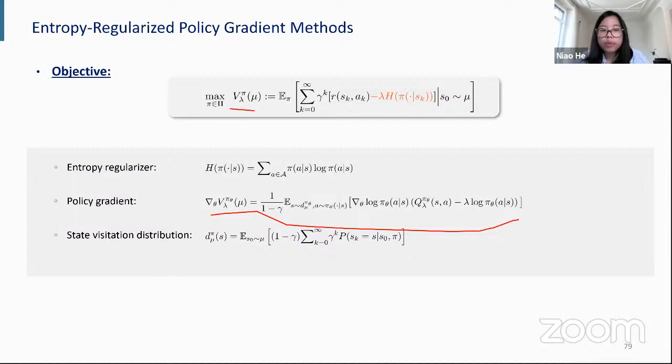In much of the literature, people come up with all kinds of ways to estimate or sample from this state visitation distribution, and to estimate these Q functions. Then you'll be able to get unbiased or potentially biased estimators for this policy gradient, and you just run policy gradient on this new objective. Again, although you add this regularization parameter here, this objective is still non-convex.